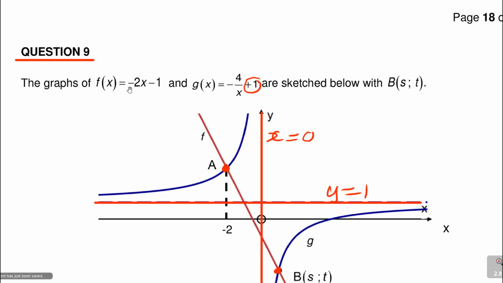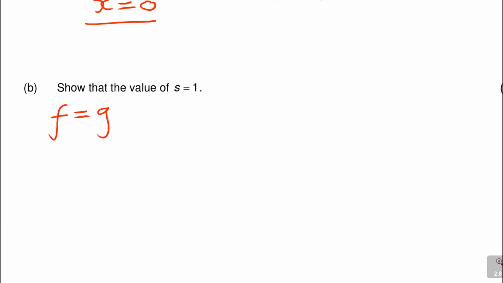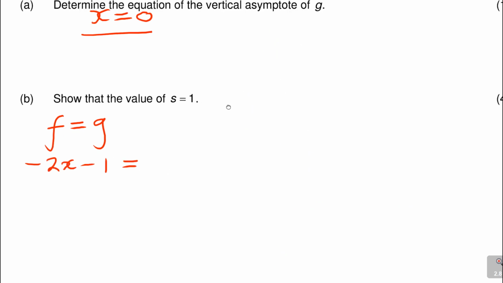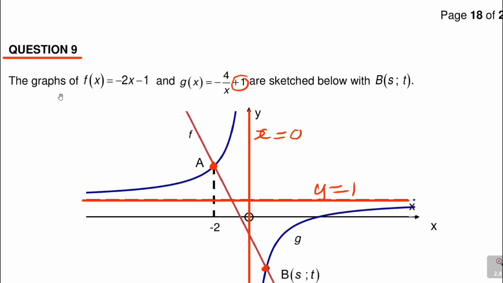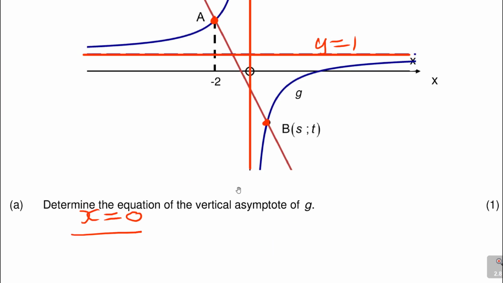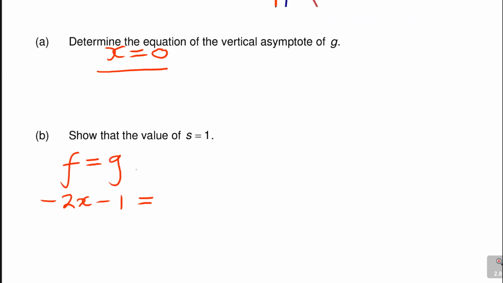The graph of f is minus 2x minus 1. So you write here minus 2x minus 1 is equal to the graph of g, which is minus 4 over x plus 1.